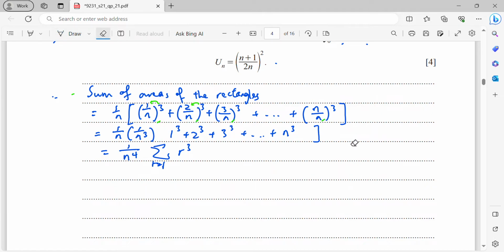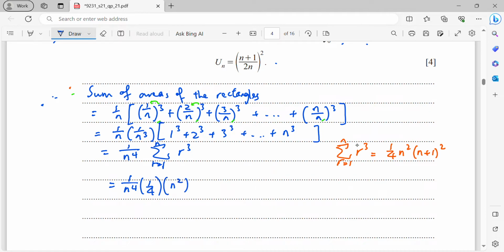So now I will use the formula from the formula list. Okay, so summation r cube, r from 1 to n, is basically 1 over 4 n squared multiplied with n plus 1 squared. So now I will replace accordingly. 1 over 4 n squared times n plus 1 squared.